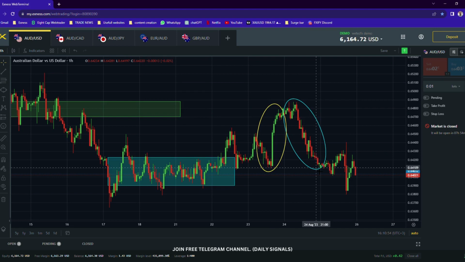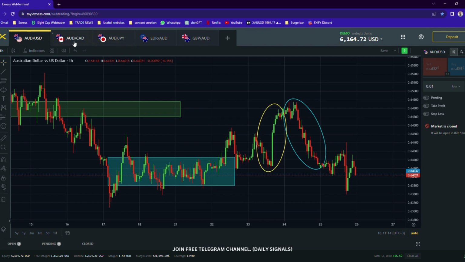Now, with the strategy of correlation, we are going to see how the pairs correlate with this structure. We have chosen three pairs that correlate properly with the Australian dollar: Australian dollar versus Canadian, and Australian dollar versus the Japanese yen.